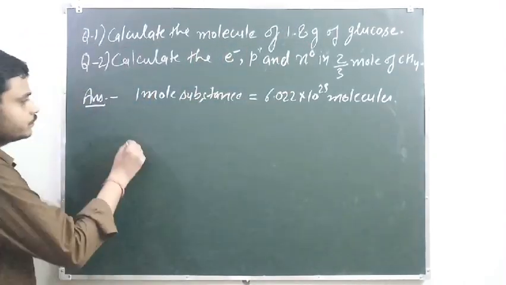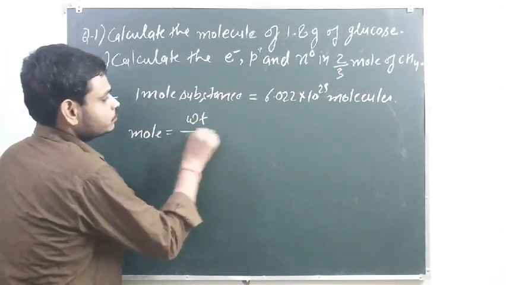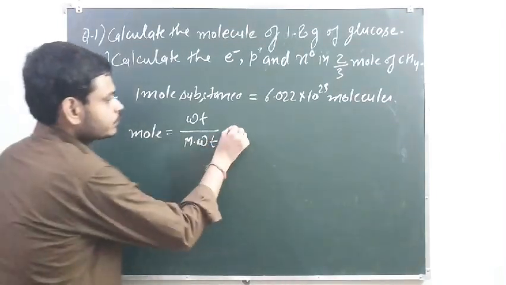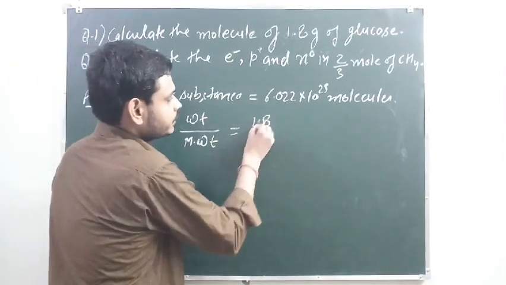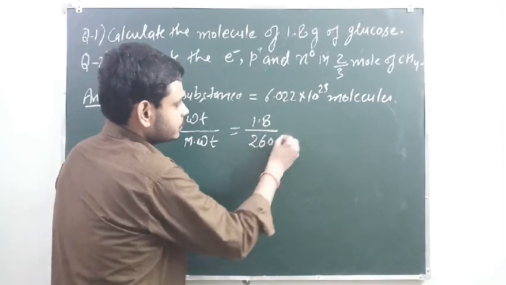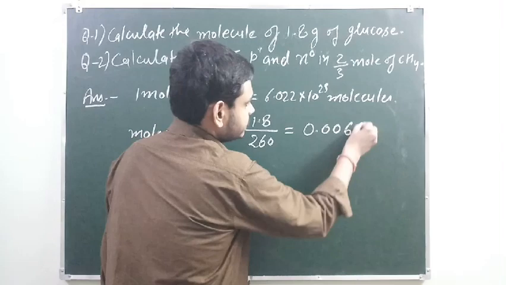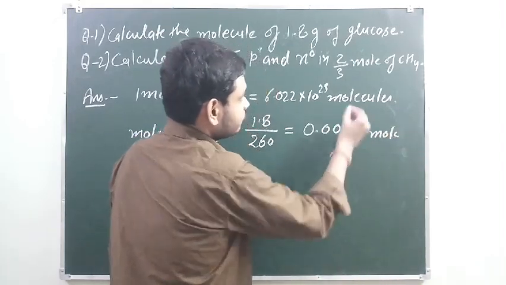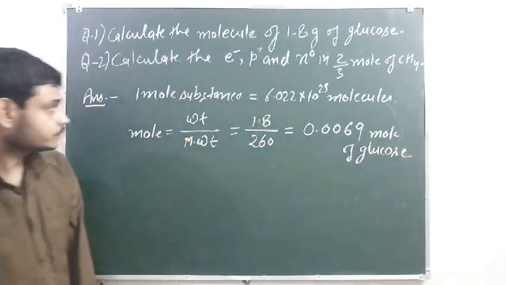Clear? So we know that mole is equal to weight of solute divided by molecular weight of solute. Here the weight of solute is 1.8 divided by the molecular weight of glucose, which is 260. We get 0.0069 mole of glucose. Clear?